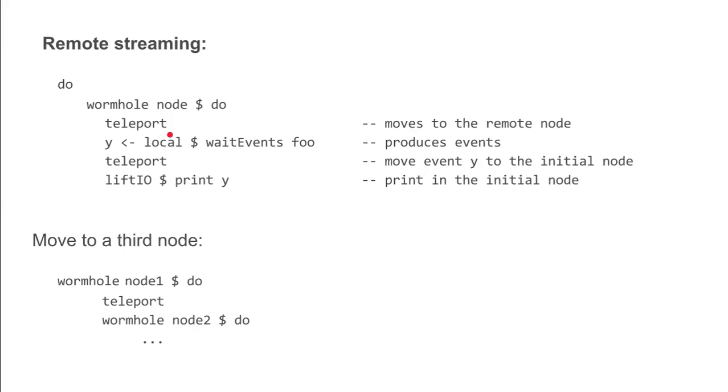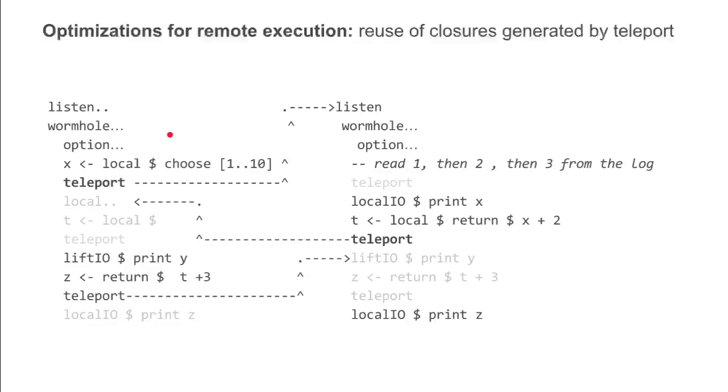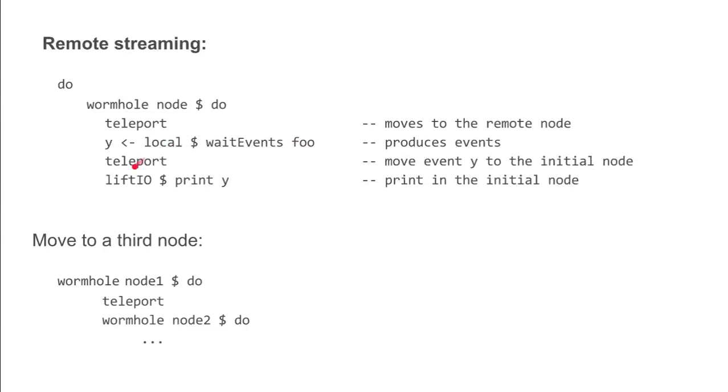In this case, the local node initiates the streaming, but we can initiate it in the remote node. Look at this. There is a wormhole. Immediately we teleport, and there is a remote computation that generates events from foo, and all these events are transported by teleport to my original node, and sent to execute the wormhole.